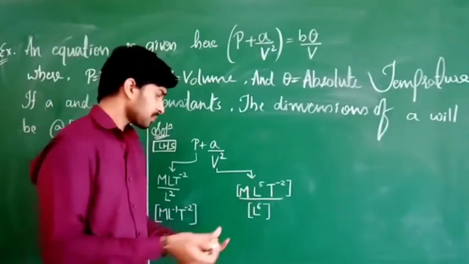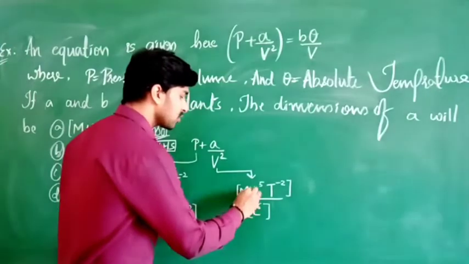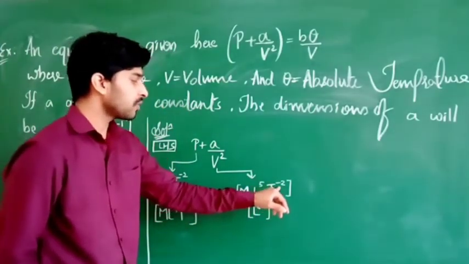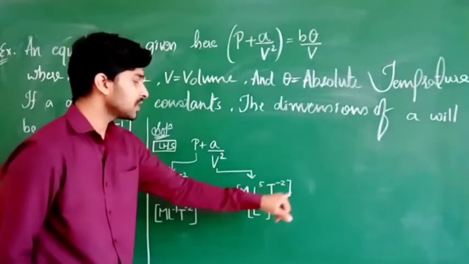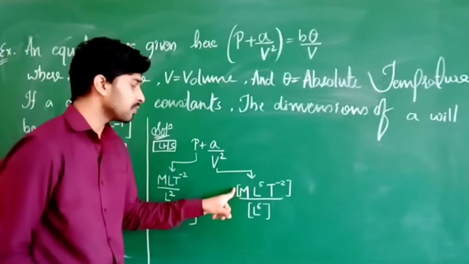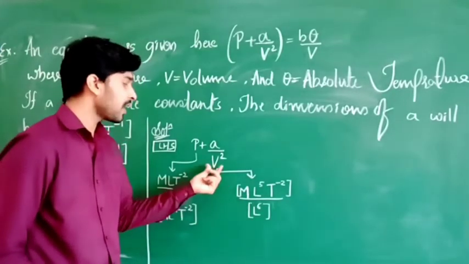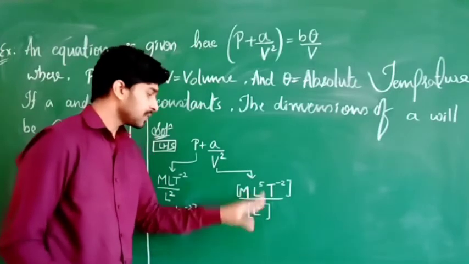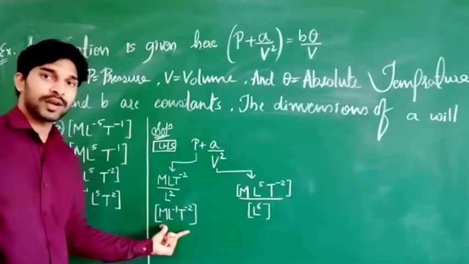So by the principle of homogeneity we can solve this question. M L to the power of 5, T to the power of minus 2 is the dimensional formula for A. If I substitute this value, in the denominator I already have V square, which is L power 6, and simplifying gives this quantity.